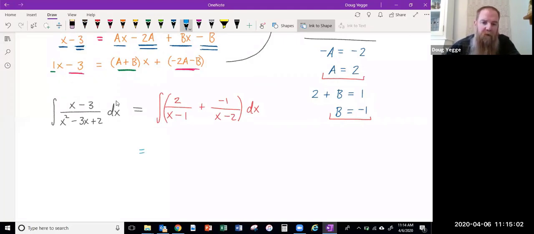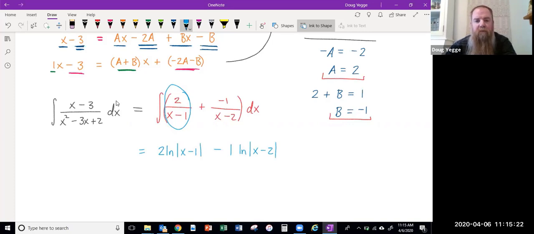Last step, notice that this is a nice simple integral. It's just 2 times the natural log of the absolute value of the bottom, 2 ln of the absolute value of x minus 1, and then over here, this just becomes minus 1 times the natural log of the absolute value of x minus 2. Cool. Plus c. So any questions on there?